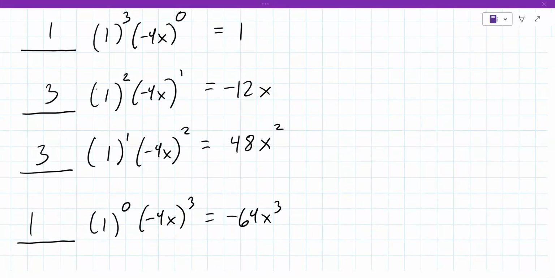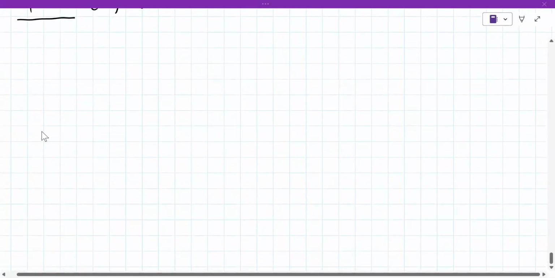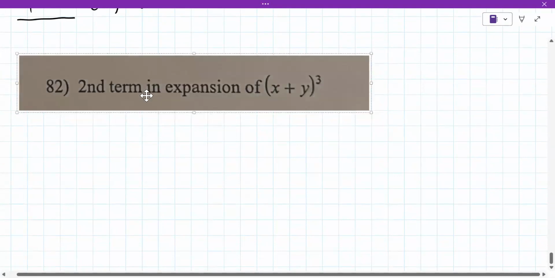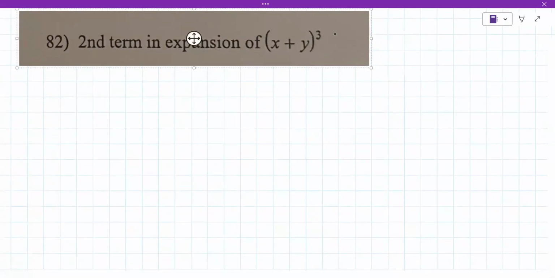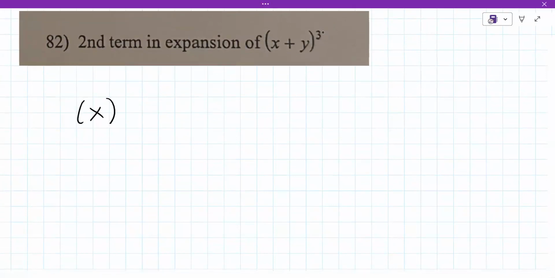Let's look at another problem. Is that okay? Yes. Okay. So 82 here. You identify the exponent 3. So it's always the first thing inside parentheses to the power of 3.